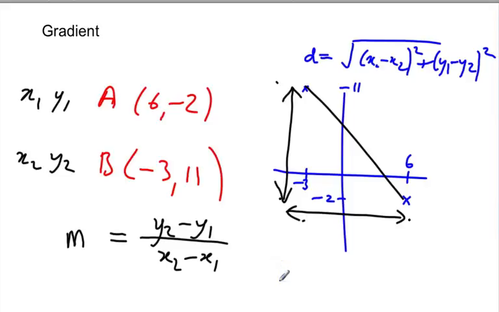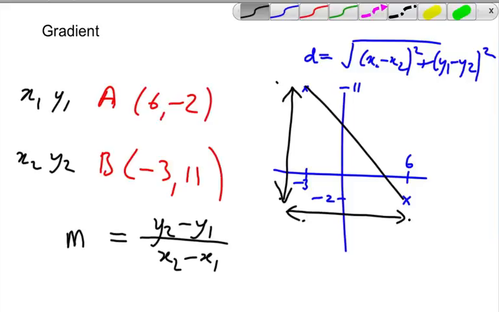So the short answer is we pick one. We can pick y2 minus y1 over x2 minus x1, or if we want to go with numerical order, y1 minus y2 over x1 minus x2. It absolutely makes no difference. But it's rise over run. Again, a simple concept, rise over run. But of course it's critical to get the sign right.